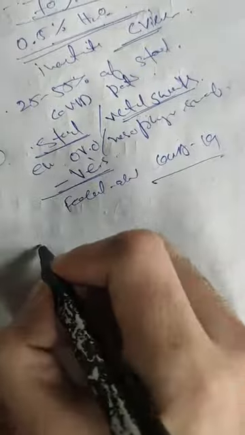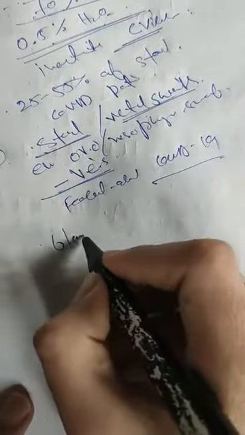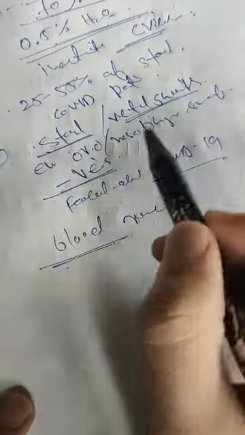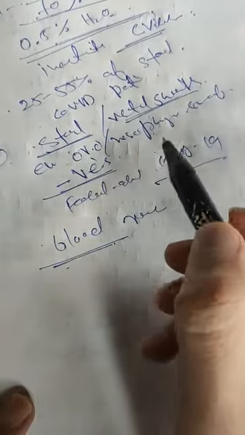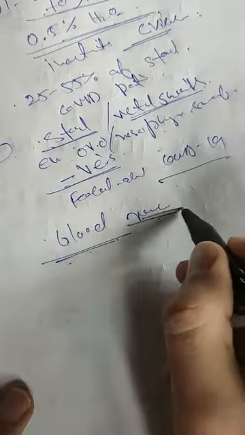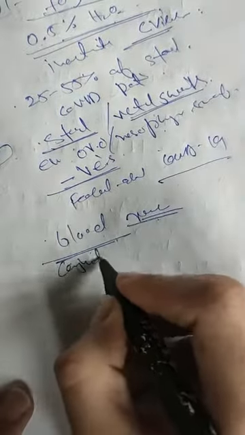The second thing is that SARS-CoV-2 has also been isolated from the blood, but from very rare patients. So blood, stool, rectal swabs, oral or nasopharyngeal swabs. It has been detected in blood also, in very rare patients, and from the conjunctiva of the eyes.